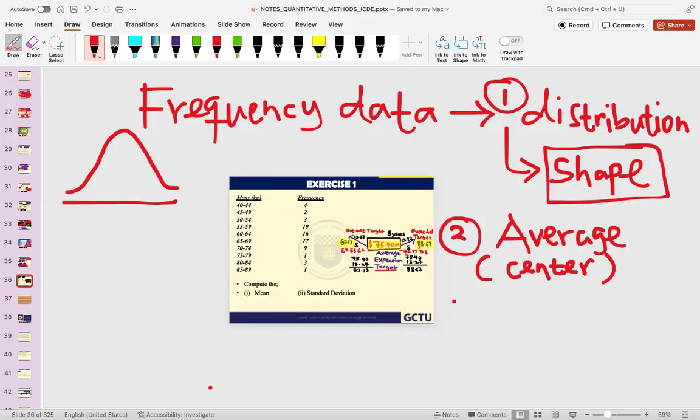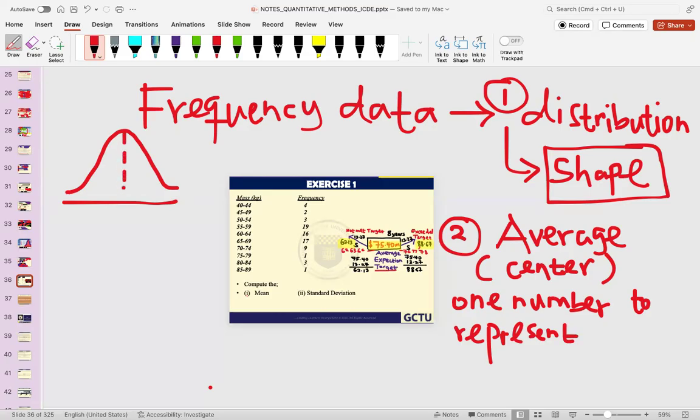Because we want just one number to represent all the other numbers. So it was a number that will exactly sit at the center, somewhere here. So we had our average somewhere in the center of the shape of the distribution.